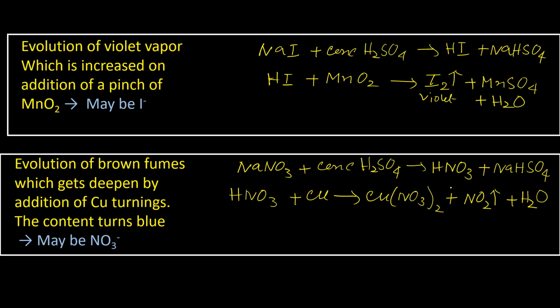First nitric oxide will form and then it will be oxidized by oxygen to nitrogen dioxide. But if you give the copper turnings, according to this reaction, nitrogen dioxide will form, and you'll get these brown vapors and this will become blue. This is your brown vapor. So it is a nitrate compound.